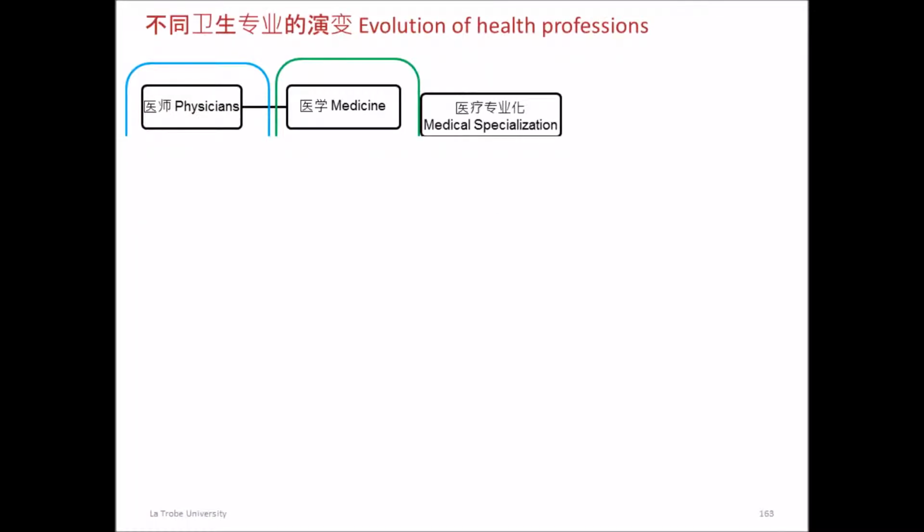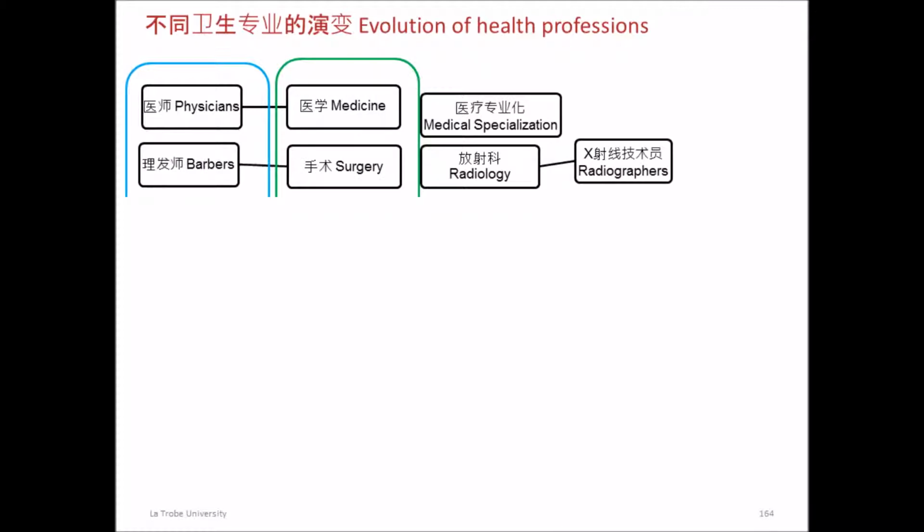It's perhaps timely to look at the evolution of the health professions, because prior to the 19th century, physicians and surgeons were separate professions in their own right. The physicians were involved in the administration of medicines and poultices and things like that, but the people that actually did operations were the people that had the sharpest instruments, and these were barbers, people that cut hair.